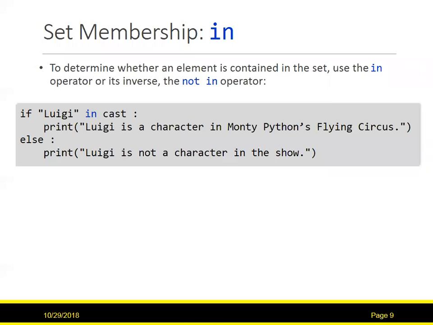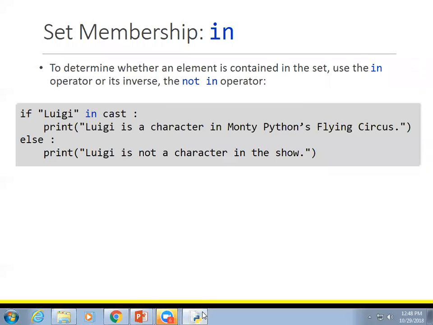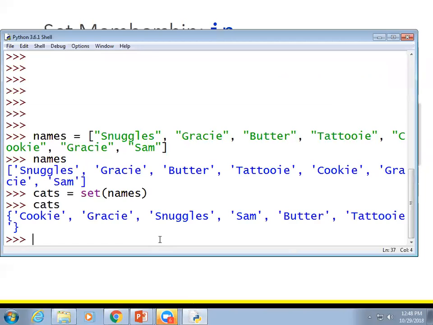Okay. So to determine whether Luigi is in there, you just got to say if it's in. Check: if Luigi in cats. Okay, it's in there. So let's see if my cats are in the list. Let's come up with a different name.